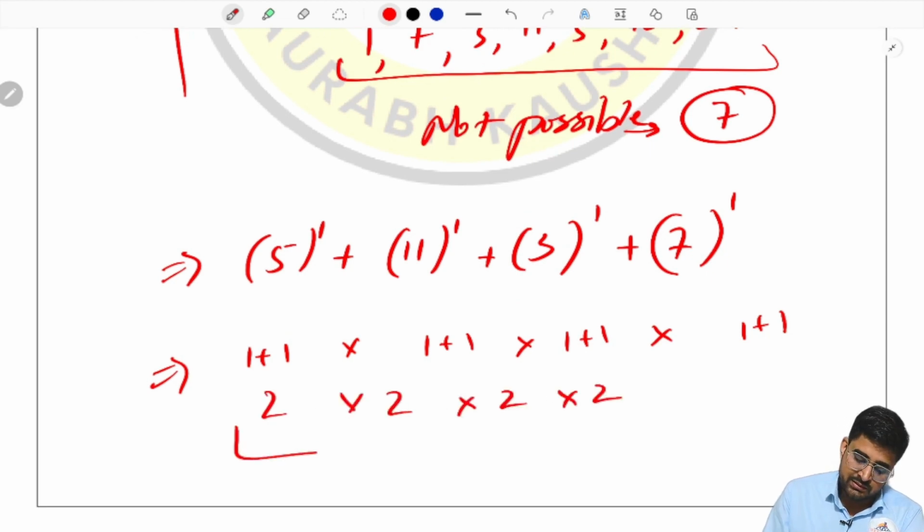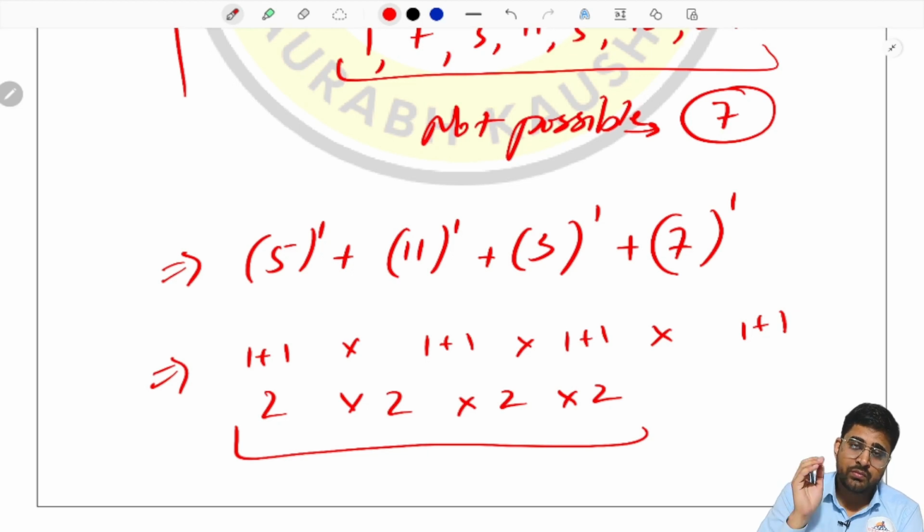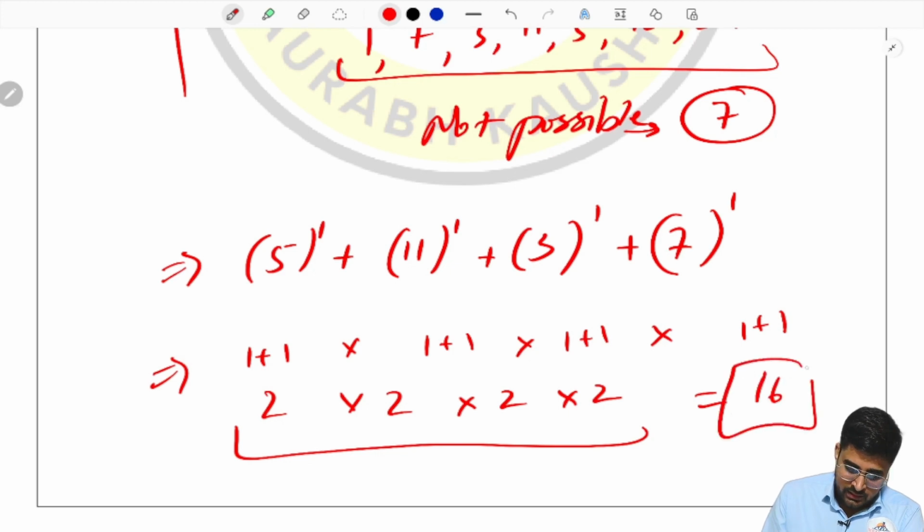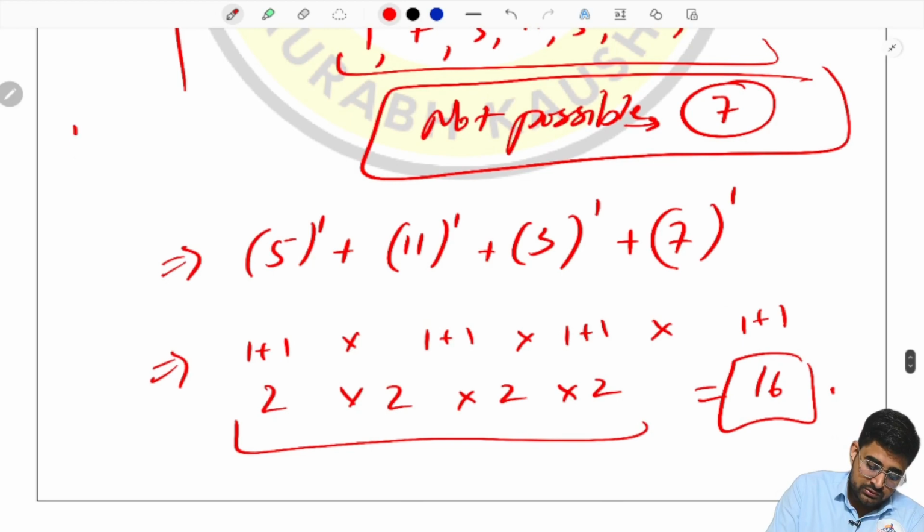We have discussed this earlier in this lecture only half an hour back. So the maximum possibilities are 16, and here 7 are not possible. So 16 minus 7 is 9.